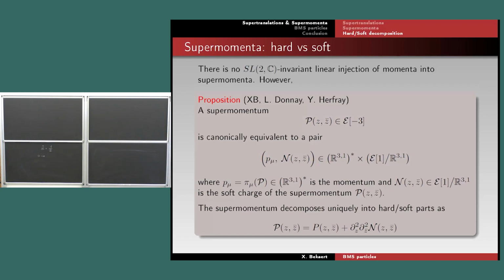But if you relax this, you can define, for any supermomentum, an equivalent pair of a momentum and what we call a soft charge, which is related to your question. And that's the decomposition where I will tell you in one or two slides what P is.